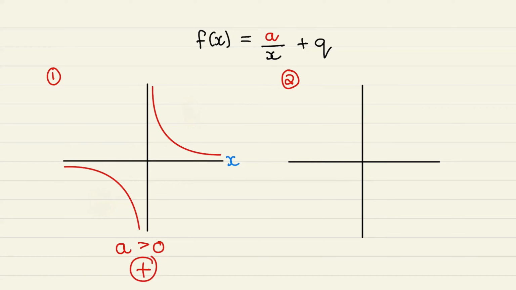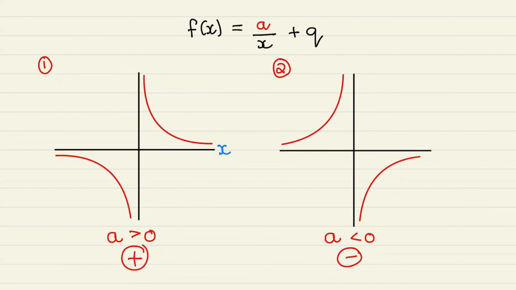For our second example, we'll focus on when a is smaller than 0, or when a is negative. Now the function would be in quadrant 2 and quadrant 4. So if I were to draw the function, I'll find it in quadrant 2 and 4 when a is a negative value.